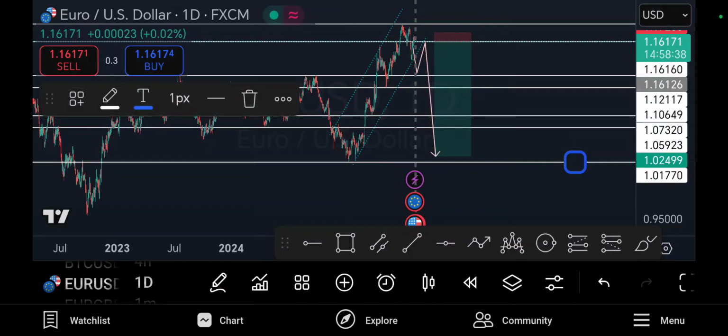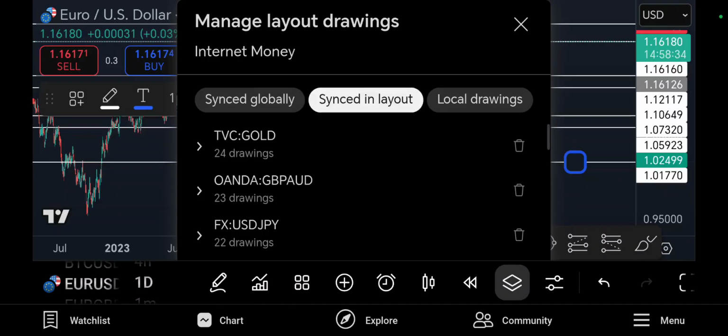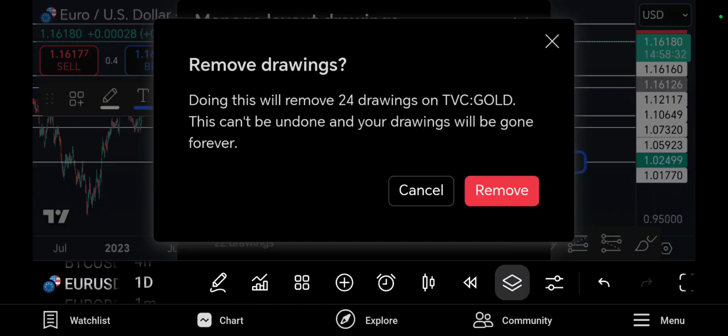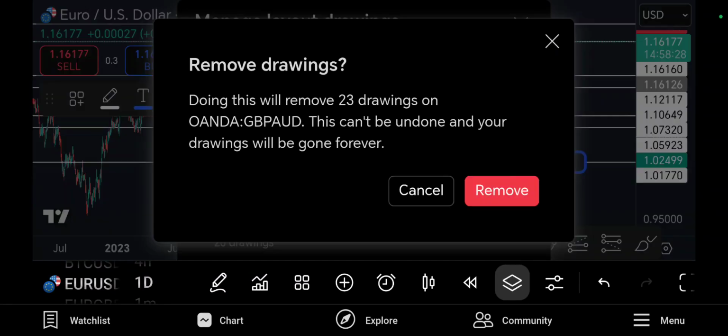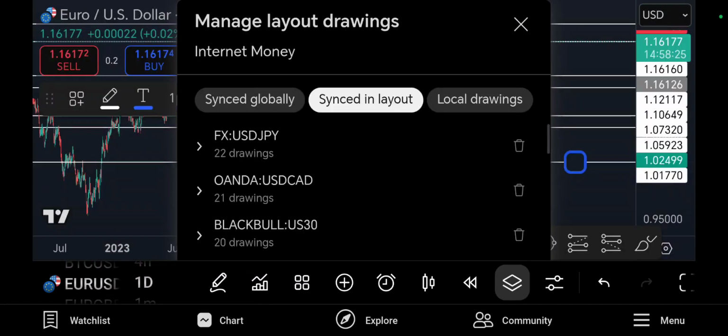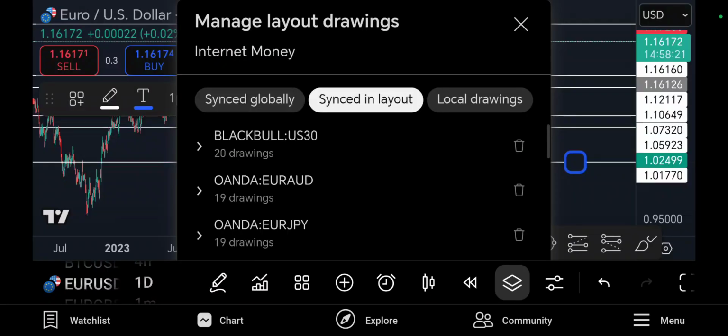Okay, first things first, I'm just going to remove these. So we'll be looking at currency pairs in this video, and then let me just remove these things quickly.